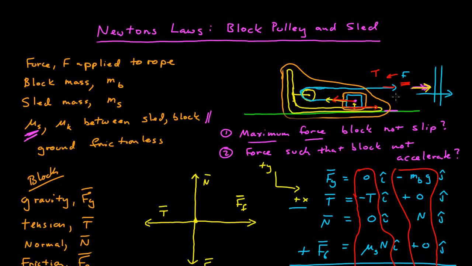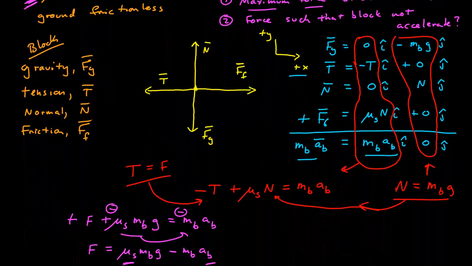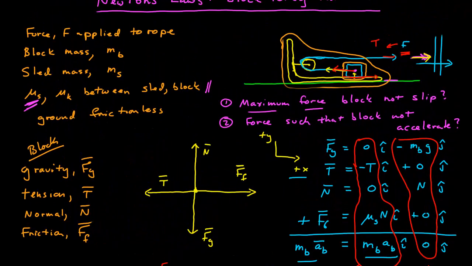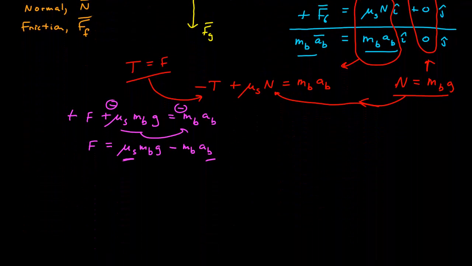And so as long as these objects don't slip relative to each other, I can look at this entire thing as one object. So in this entire object, what are the forces on this object? Well, there's the normal force of the ground on the object, but no frictional force. There's gravity, and then there's the tension. The tension is the only other thing that's crossing this orange line, that's in contact with this whole object.